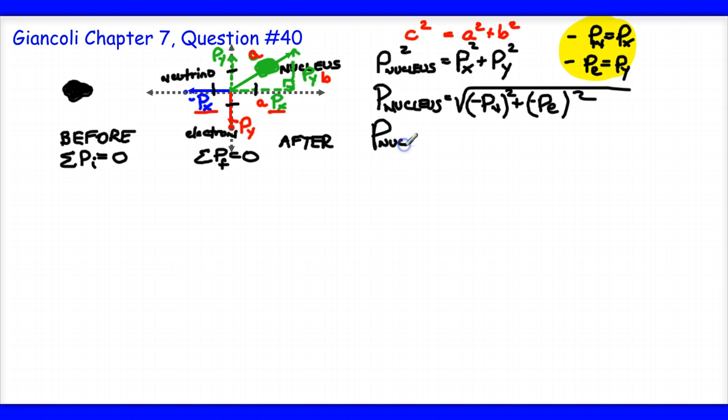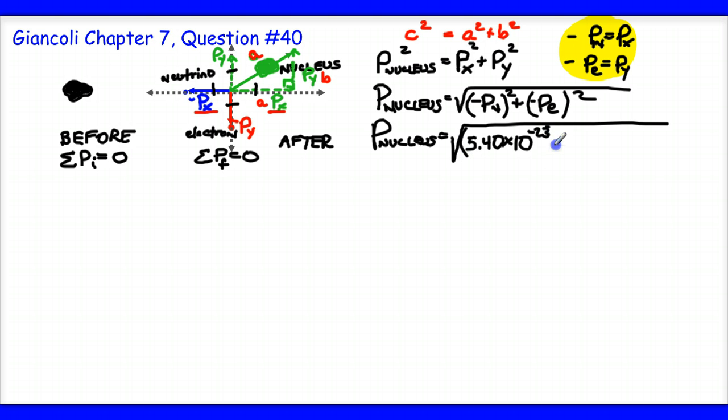So the momentum of the nucleus is equal to the square root of 5.4 times 10 to the negative 23rd, and these were just given outright to me. I didn't even have to multiply mass times velocity here. I'm going to leave the units out here, but it should be kilogram meter per second.